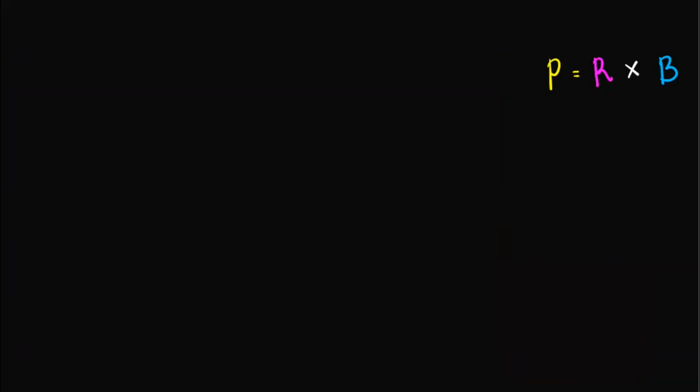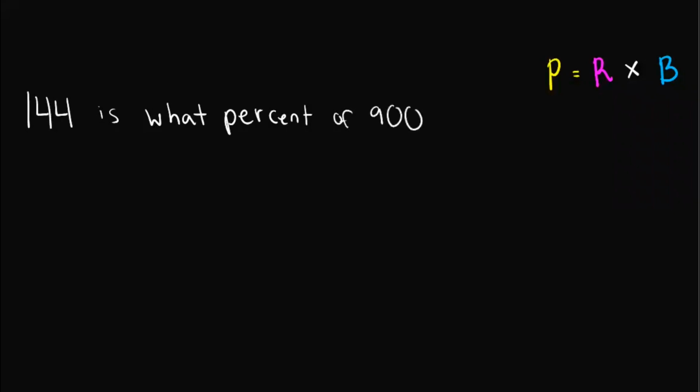Let's go on to our next example. If we are tasked to find 144 is what percent of 900? Now for this one, observe that we're actually tasked to find the rate, since we are tasked to find the percent.